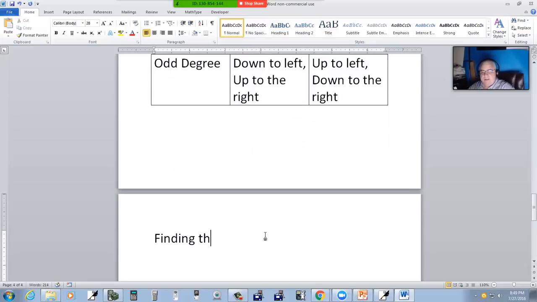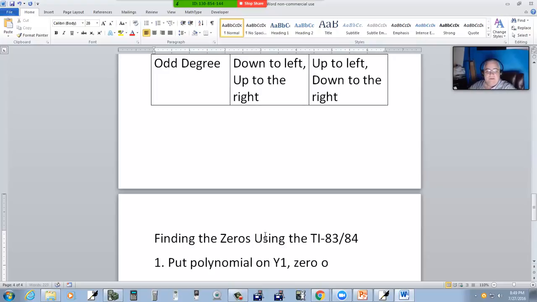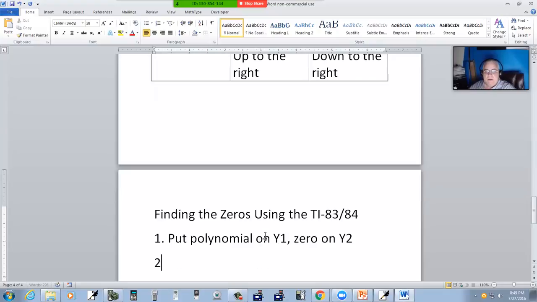Finding the zeros using the TI-83/84. Step 1, put the polynomial on y1, 0 on y2. Step 2, we're going to do a second trace. We're going to choose intersect.